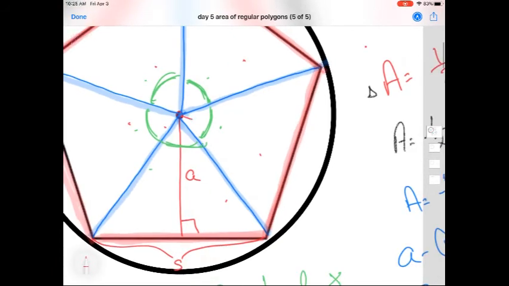The way we calculate the apothem is, one, we find the central angle first, which is the green one. And after that, because these two sides are congruent, we know that this angle here is going to be half of your central angle.